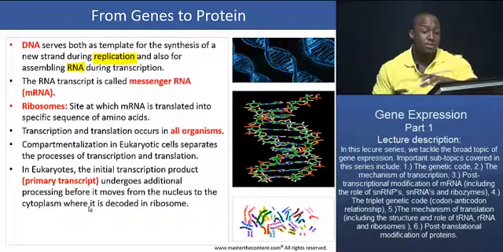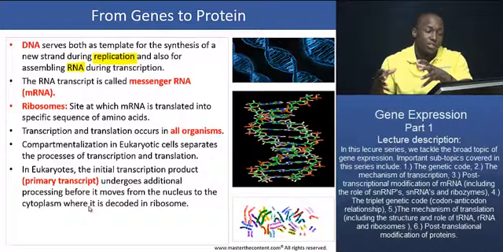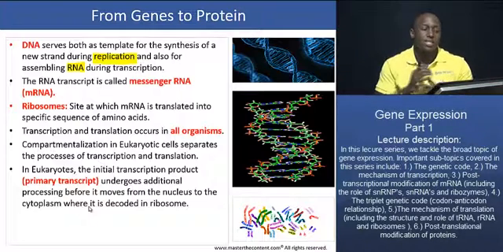Transcription, however, is significantly different from replication, although both processes use DNA as a template. Unlike a newly formed DNA strand in replication, an RNA strand does not remain attached to the DNA, so it's released as it's synthesized. Because only one strand of DNA is transcribed, only one strand of RNA is typically produced.